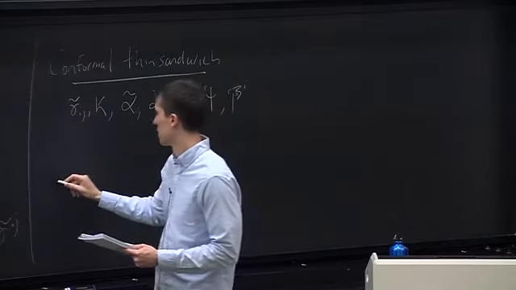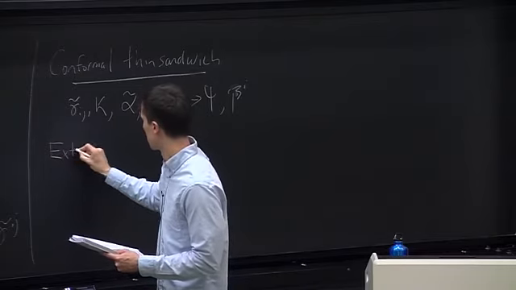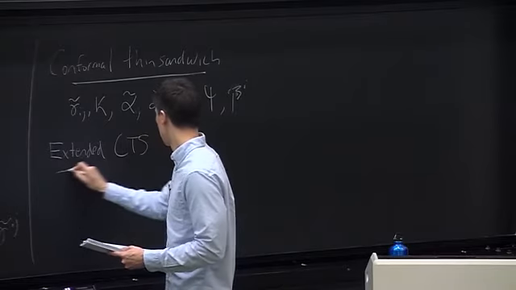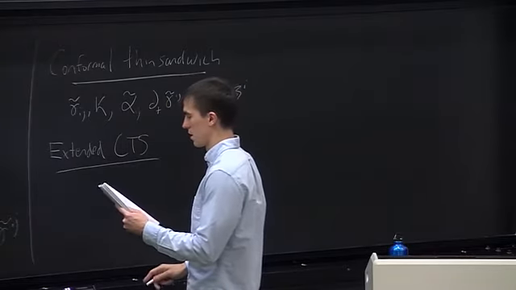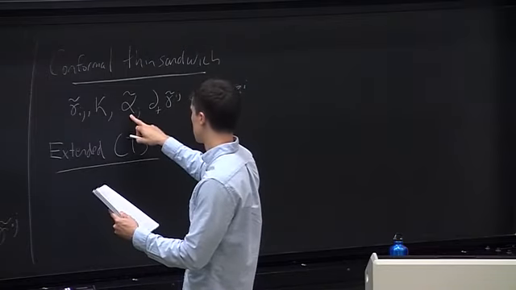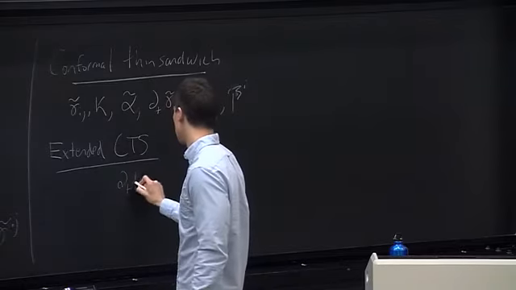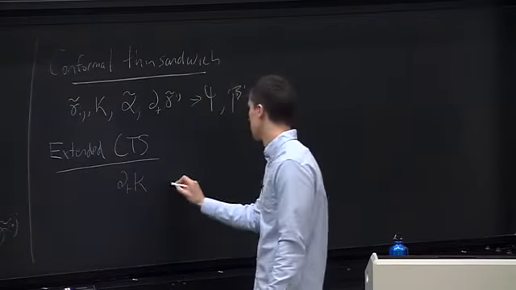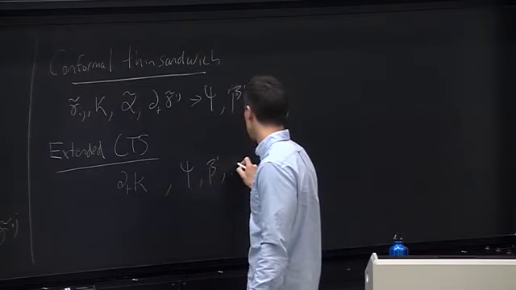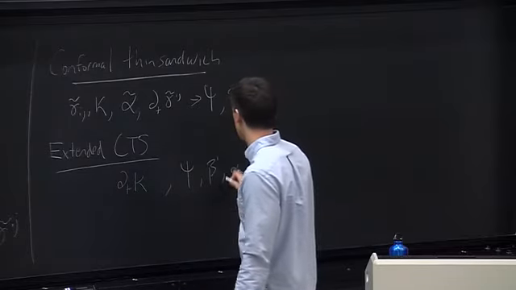So you solve for the conformal factor and the shift. And then there's a variation on that called the extended conformal thin sandwich, where basically you don't specify the lapse, you specify the time derivative of the extrinsic curvature, and then you get one extra equation that relates this to the lapse.